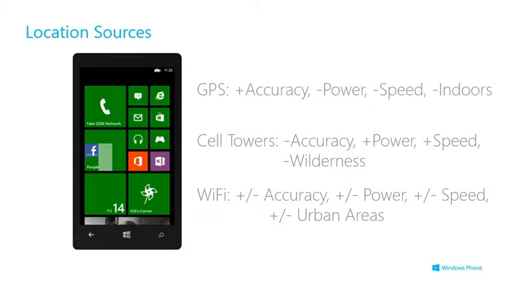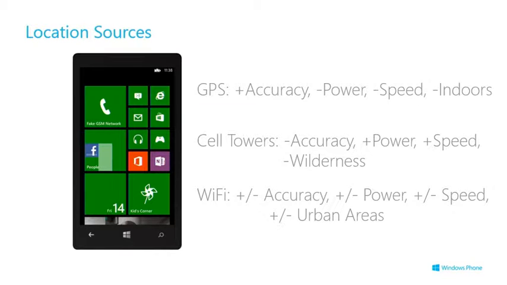The second method it will use for getting location is cell tower triangulation. Your phone at any point in time has sight of probably 2 or even more cell towers. It's always scanning around to find the best cell tower to connect to, to give you the best mobile connection and signal strength.